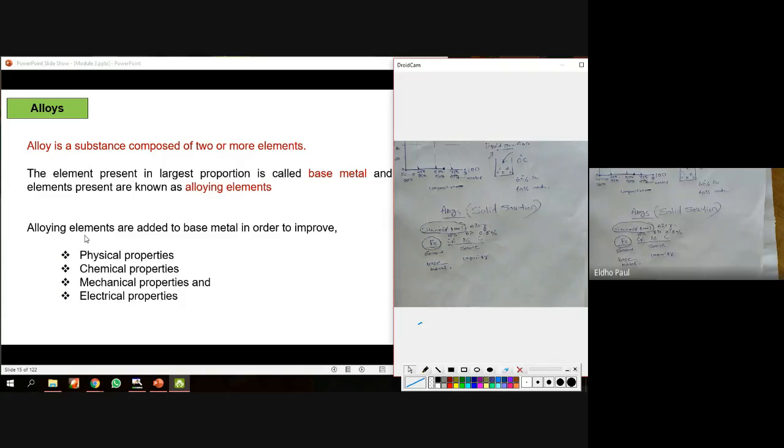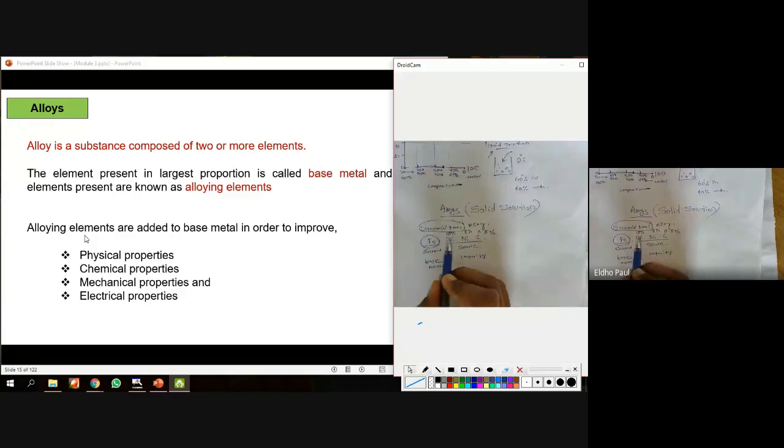Concentration. Yeah, concentration. The concentration of different impurities and the base metal is important. We cannot just add 18% or 38%, 48%, or nickel 8% or 10%, 12%, 14%, randomly. Okay, so this concentration is important. 18%, 8%, 0.8% is very important.